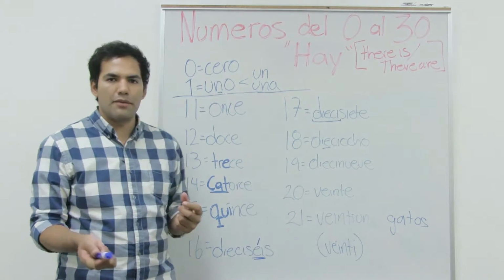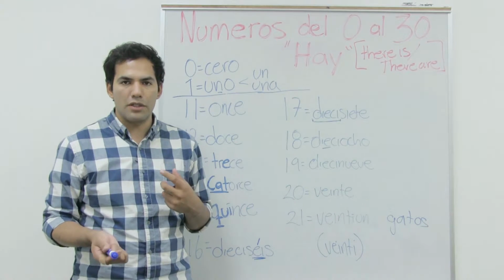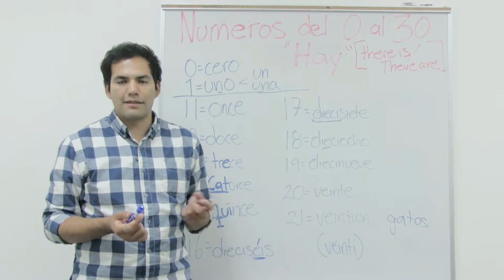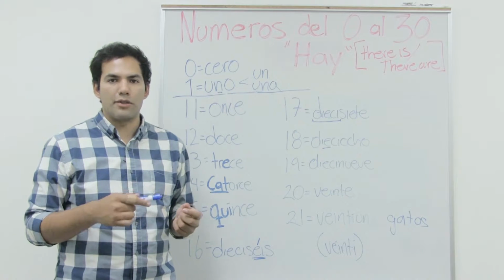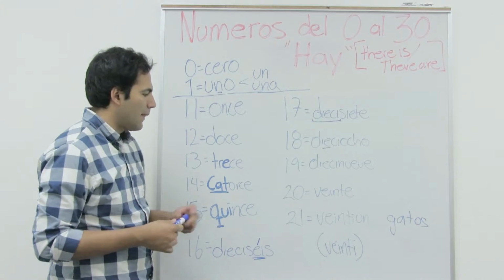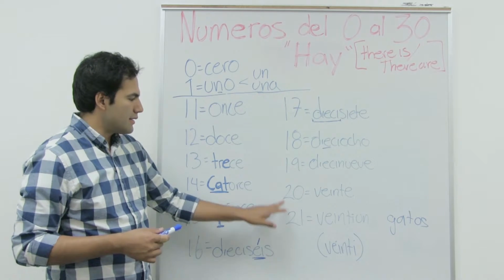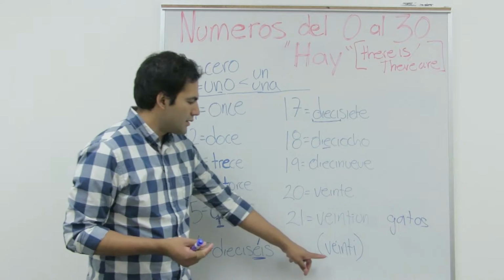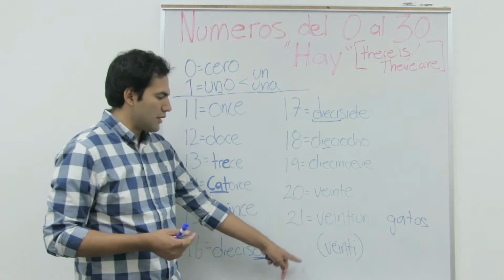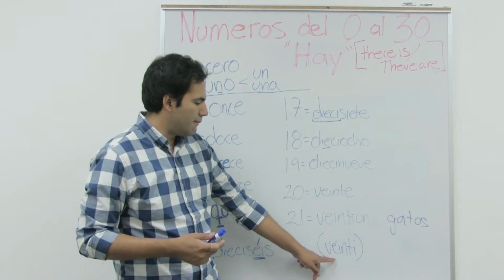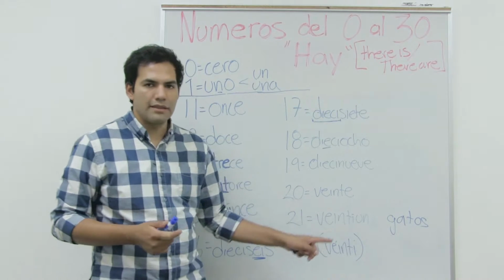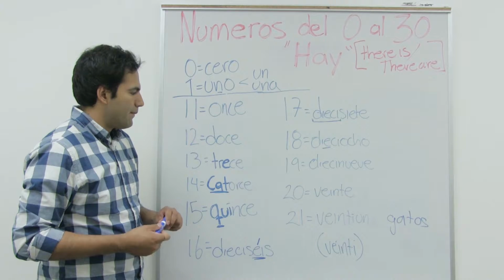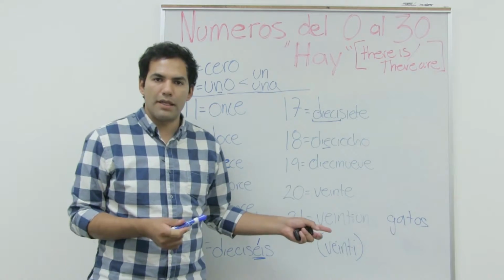And it's the same with the following numbers like 31. When saying I have 31 cats, you would only say 31 gatos. And for the rest of the numbers, 22, 23, you're gonna do the same. Okay? So that's mostly about numbers.